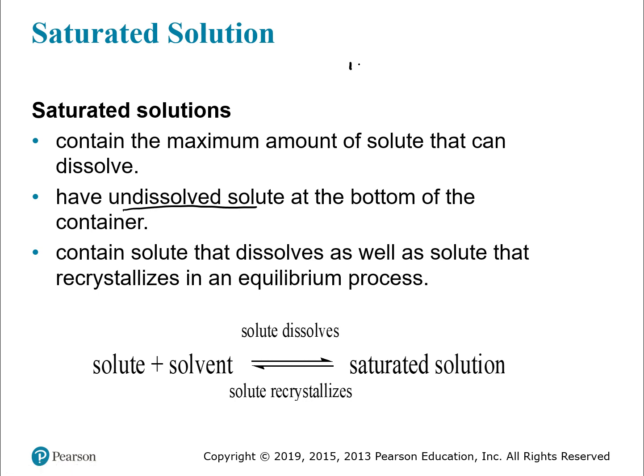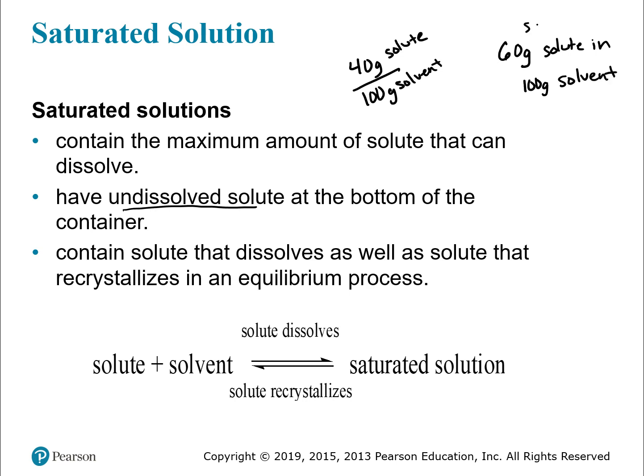So in our example before, where we had 40 grams of solute in 100 grams of solvent, and that was our solubility, an example of a saturated solution might be 60 grams of solute in 100 grams of solvent.